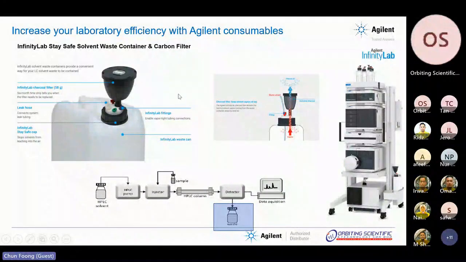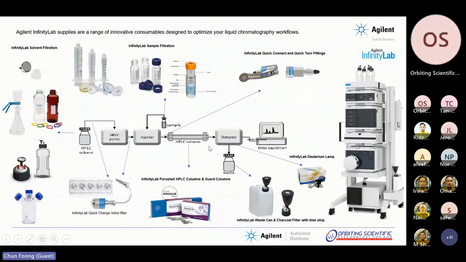If you have a carbon filter, the vapors released from the waste can be trapped, and it will give you cleaner air and a cleaner laboratory environment. So here is all about the products that can help you to do a better LC process.